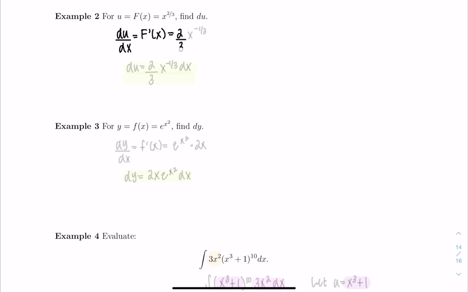We get 2/3 x to the -1/3. And so du is just 2/3 x to the -1/3 dx.